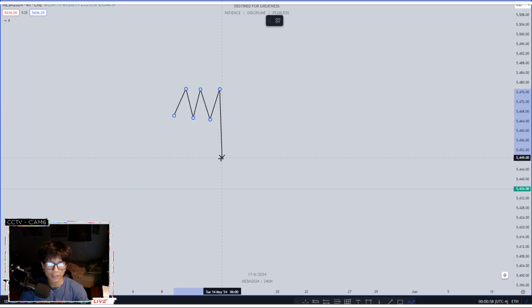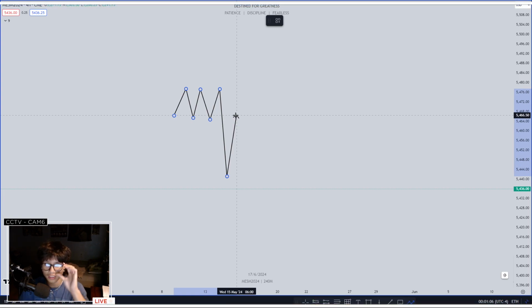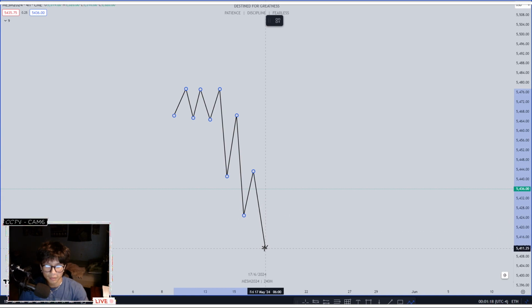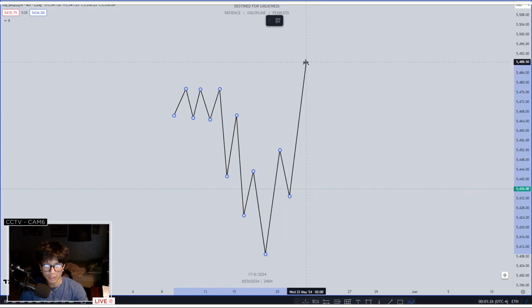We break out of the consolidation, we retest the original consolidation. That could be considered the first stage accumulation, and then we break and continue lower, and then we retrace once, the last retracement. We continue lower. Once we break past this swing high here with displacement, then we can target.